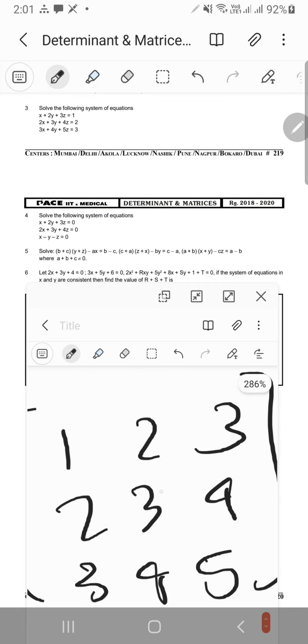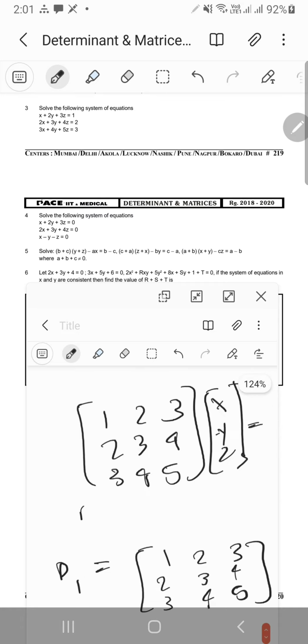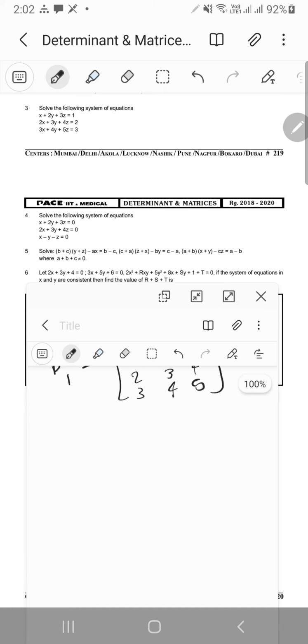So if I do R1 plus R3 minus 2 times R2, that will be 0. What that means is that D is in fact 0. So one of these equations is just redundant. Which one? The one with R2.